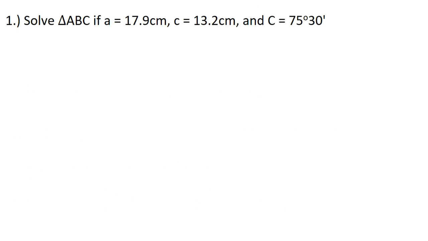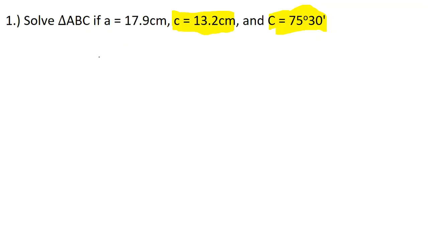So what we're going to do in our first example is solve triangle ABC if A equals 17.9 centimeters, C equals 13.2 centimeters, and angle C equals 75 degrees 30 minutes. One of the first things I'll notice when I'm looking to solve this is I'm given side C and angle C. And that makes it very easy to set up law of sines.